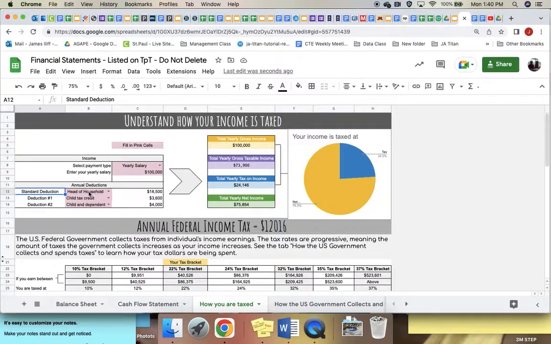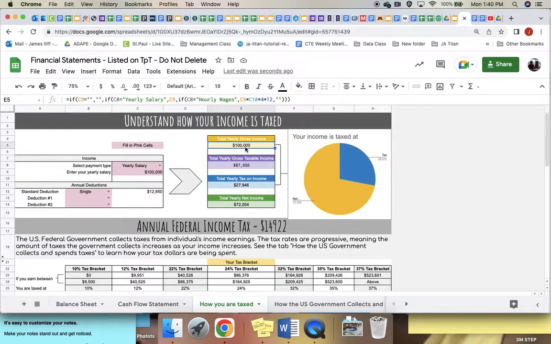So they get to choose, are they head of household, are they single, and it'll calculate the deductions that come off of their taxable income. So check this out. Their total yearly gross income is $100,000. But because of these deductions, they have their gross taxable income.